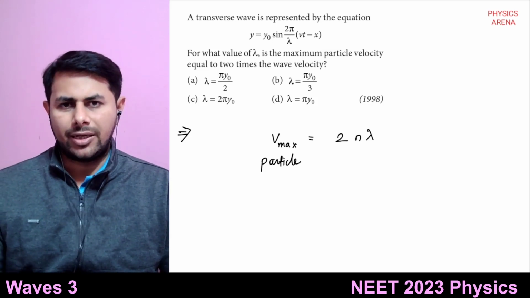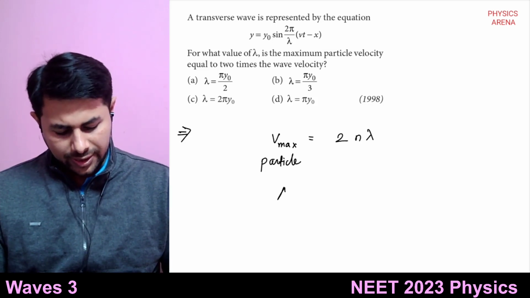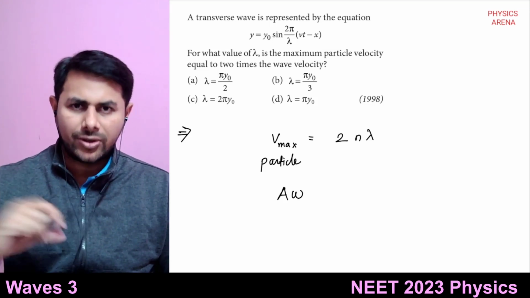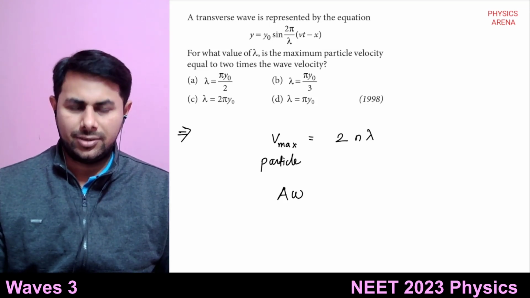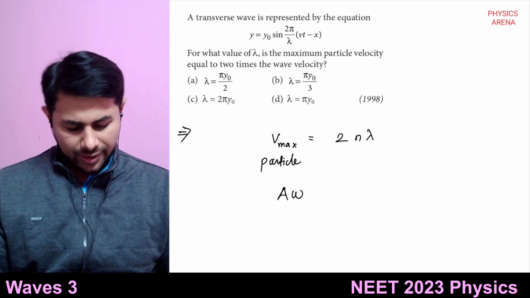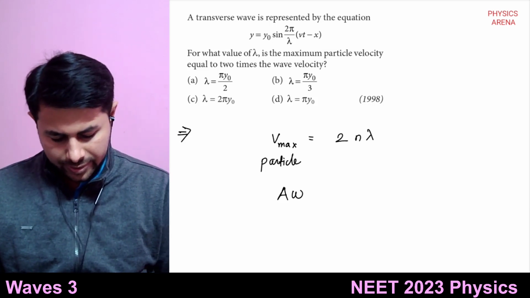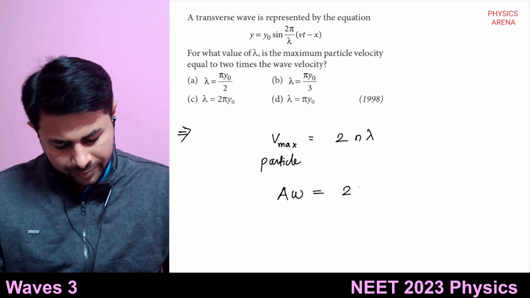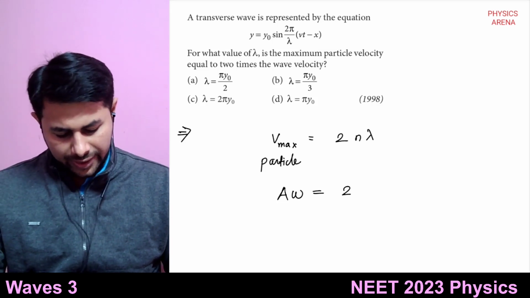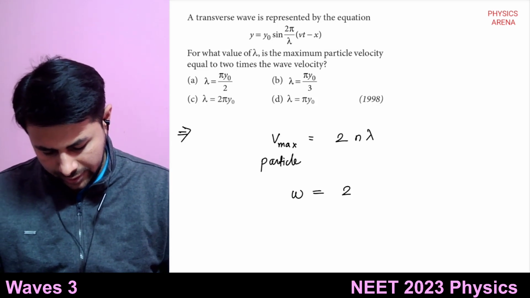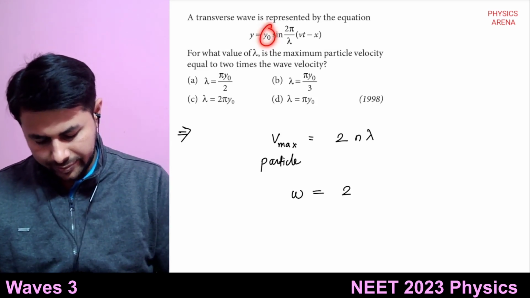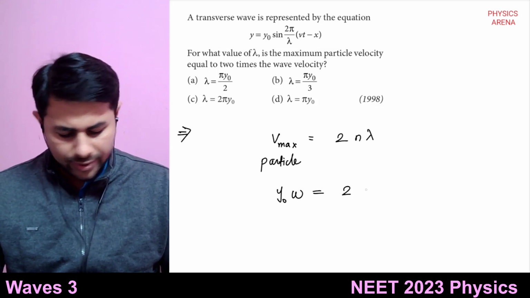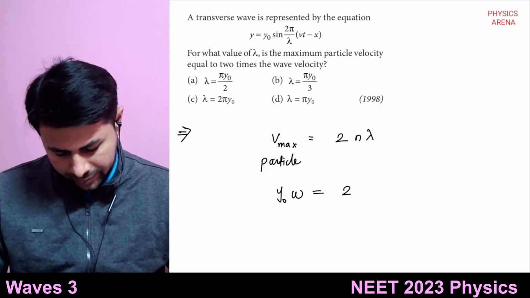So what is maximum particle velocity? Particles vibrate, and the maximum velocity with which they can vibrate is at the mean position. It is equal to a omega. So a omega is equal to 2 times n lambda. Okay, the amplitude here is y naught, so let's take y naught into omega equal to 2 times n lambda.